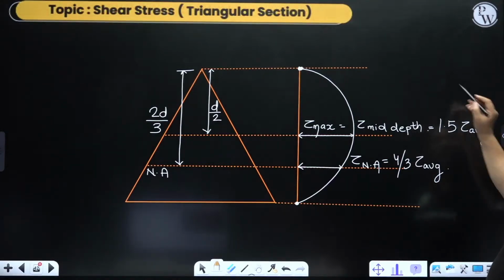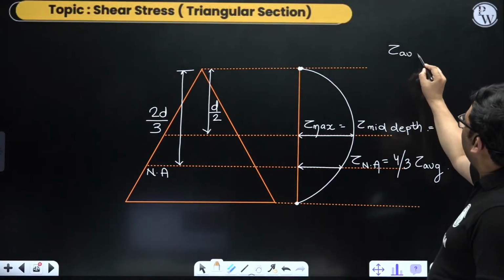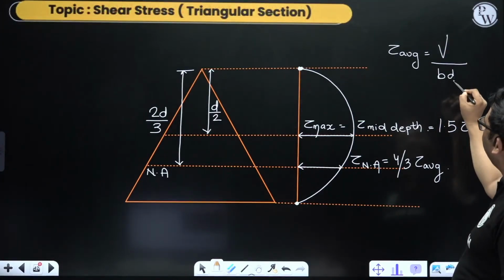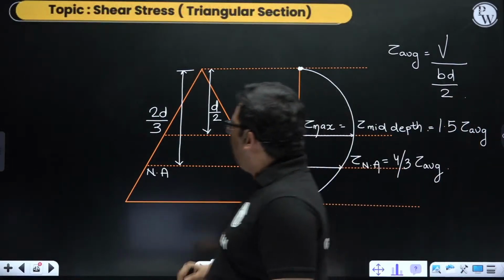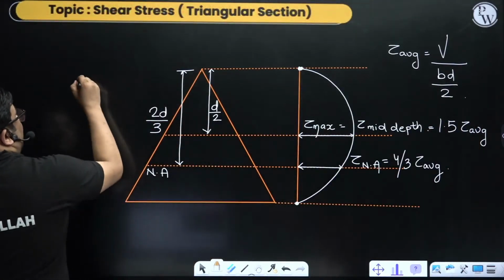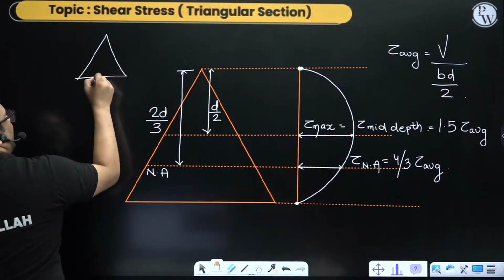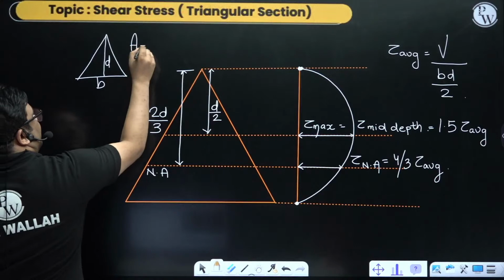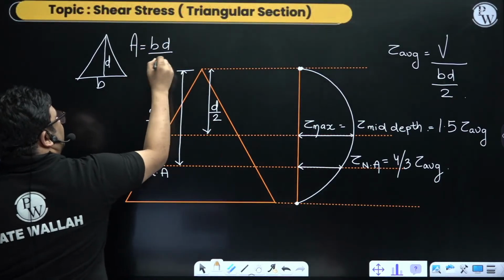And what is the average one? It is a triangular section, so the average one will be V by BD/2, because for a triangle, with depth D and base B, the area is BD/2, right?